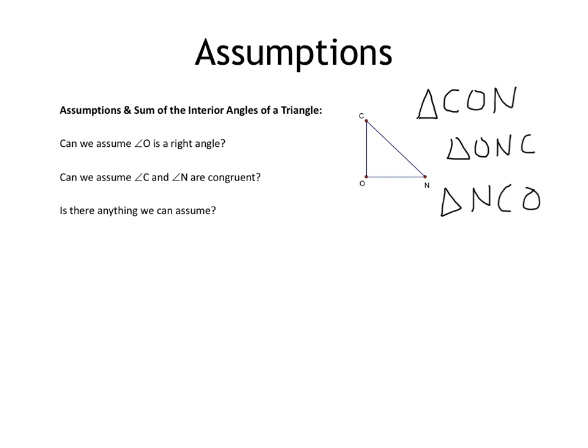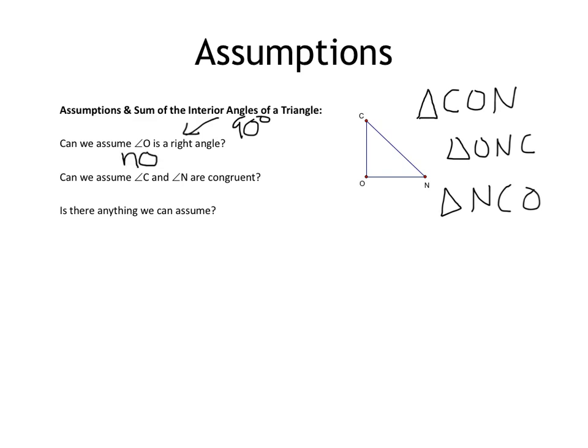The first question we've got to ask is, can we assume angle O is a right angle? Well, remember, a right angle is an angle that measures 90 degrees. It looks like angle CON, which is angle O, is 90 degrees, but remember, it does not have the proper square-shaped tick mark indicating that angle O is 90, so we cannot assume angle O is a right angle.